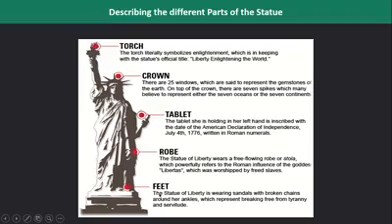Next, feet. The Statue of Liberty is wearing sandals with broken chains around her ankles. Ankles means heels, which represent breaking free from tyranny and servitude. Servitude means bondage.